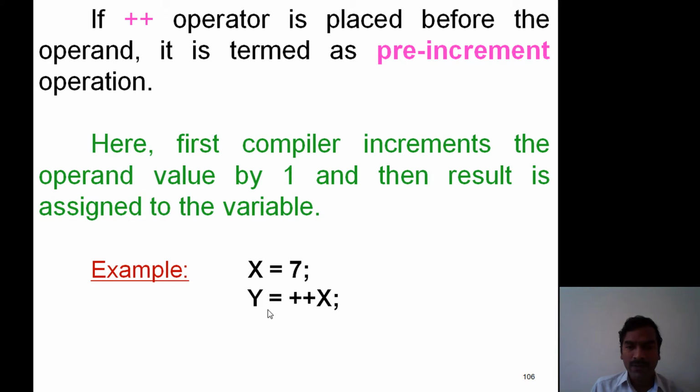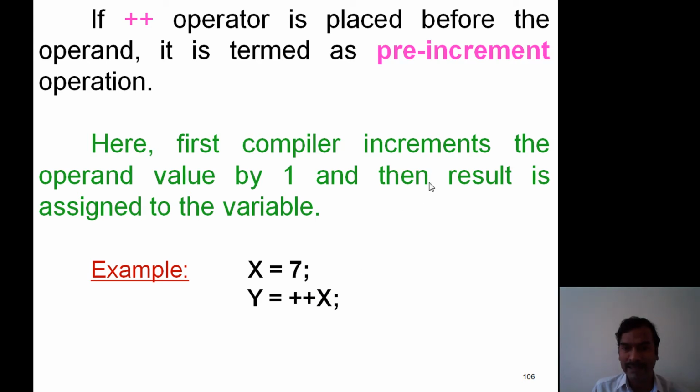Now when we execute this statement, the statement works in two stages. Here plus plus operator is applied on x. Hence first increment x value by 1. Now x equivalent to x plus 1. Now x value is 7. So 7 plus 1, 8. Now x value becomes 8.